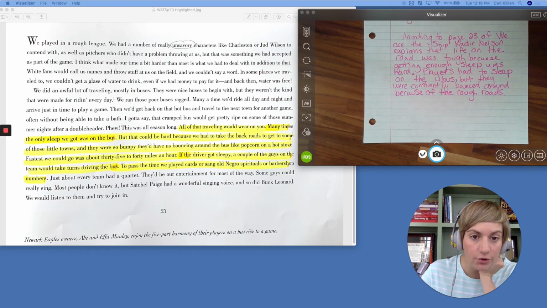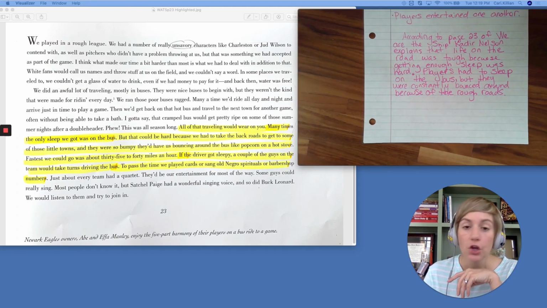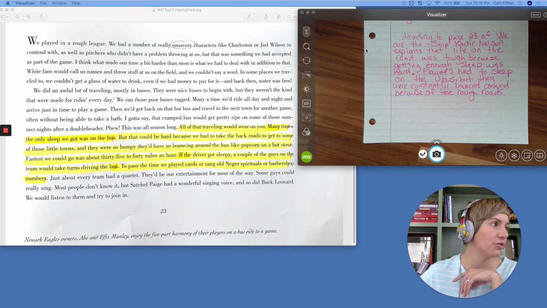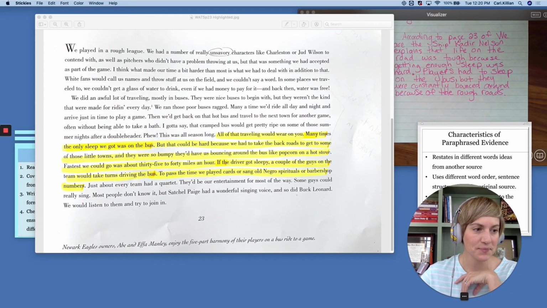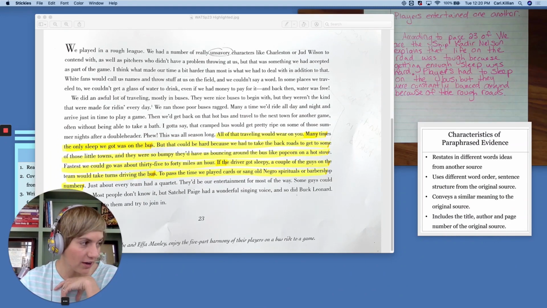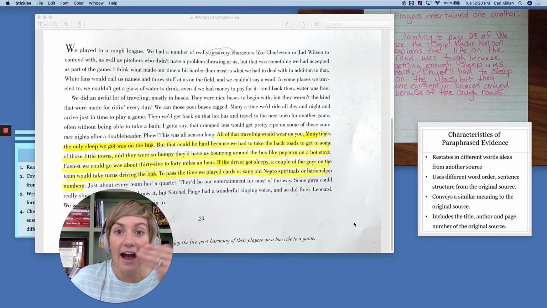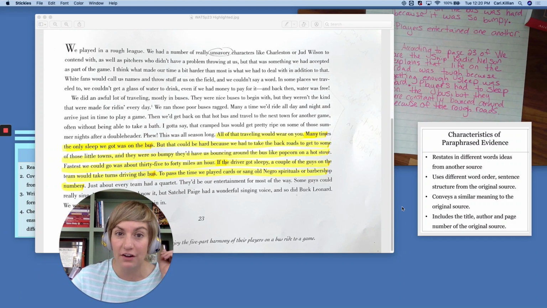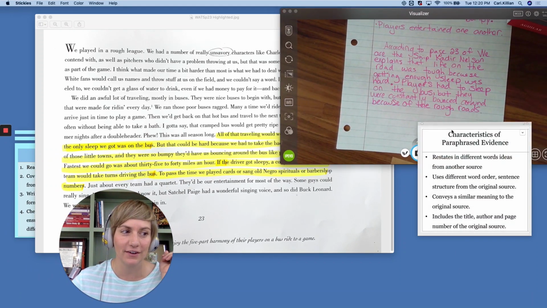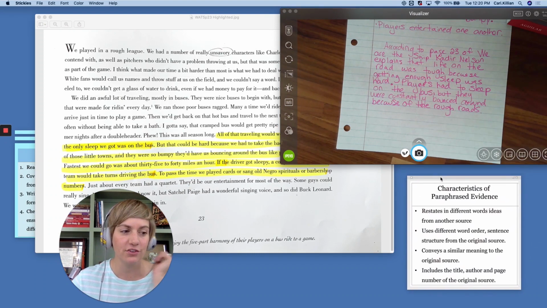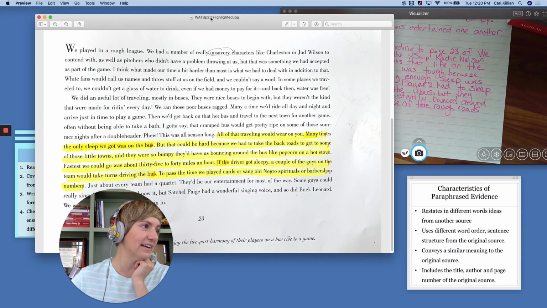And as I do, you have a job. Your job is to use the characteristics chart, and I want you to think, did I meet all of those characteristics with my new paraphrase? All right, so there's your characteristics chart. Here is my rewritten paraphrase, and now I'm going to reread that section of the text.